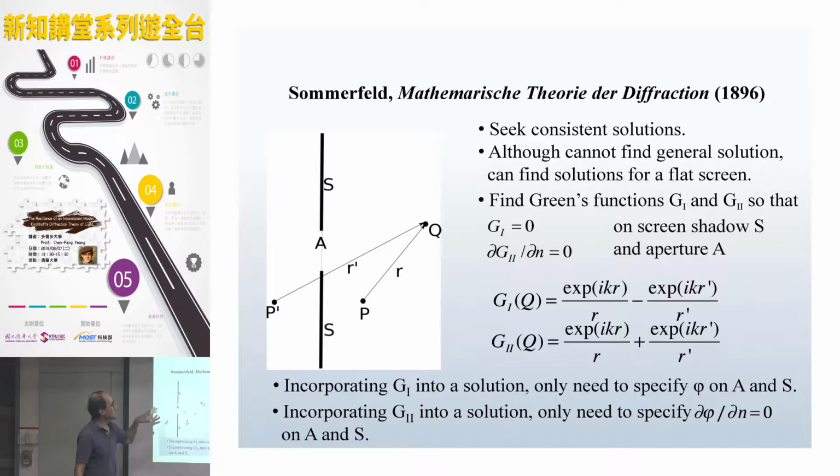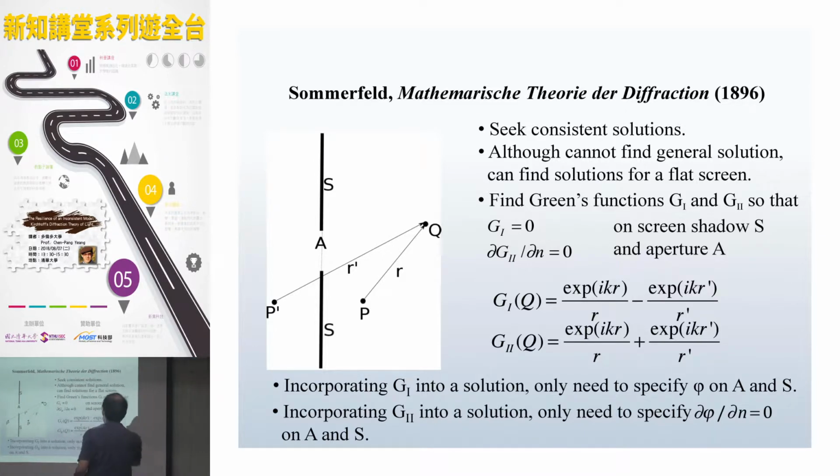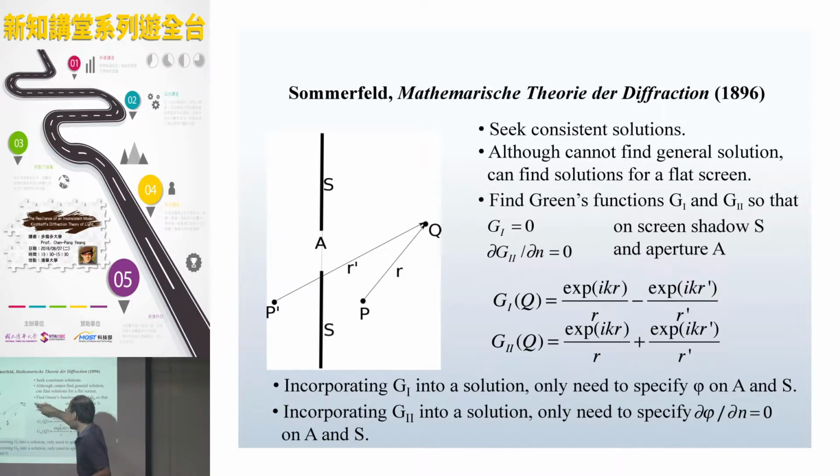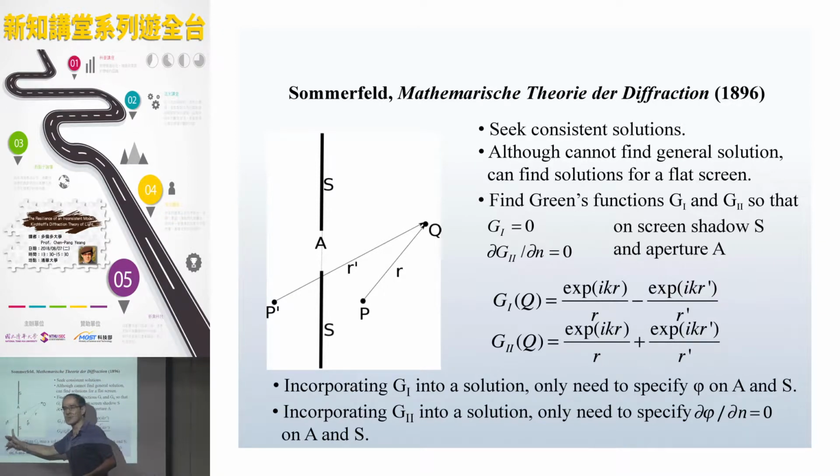But for Sommerfeld, this scenario gives us an opportunity to come up with a more symmetric Green's function, which has certain advantages. For this scenario, he argued that we can consider two Green's functions, G1 and G2. These two Green's functions have advantages because G1 is 0 on the boundaries S and A because of the symmetry, right?